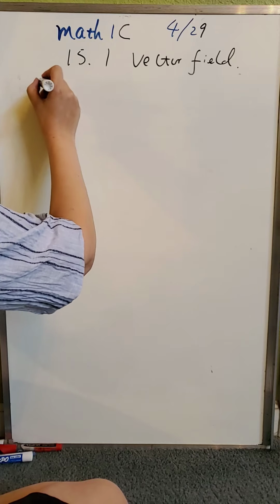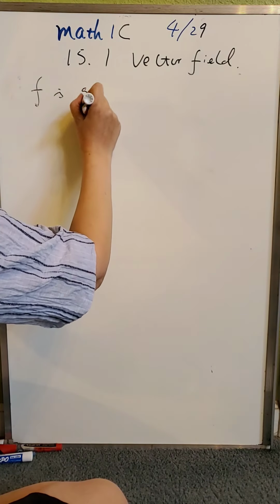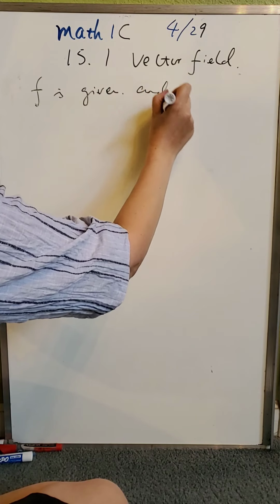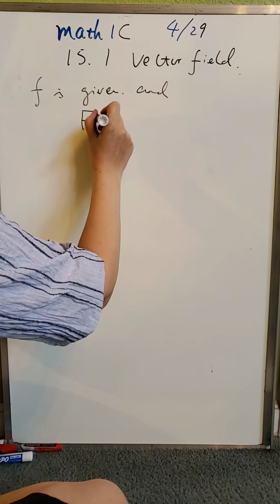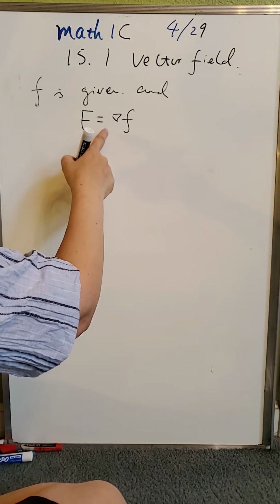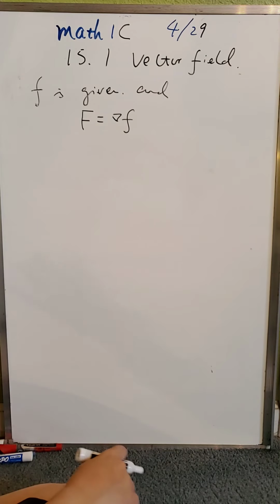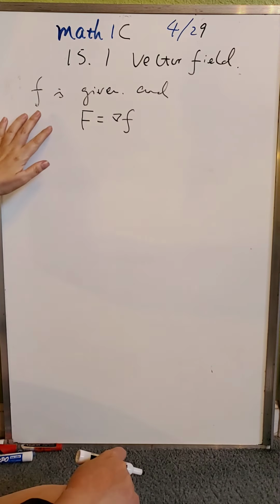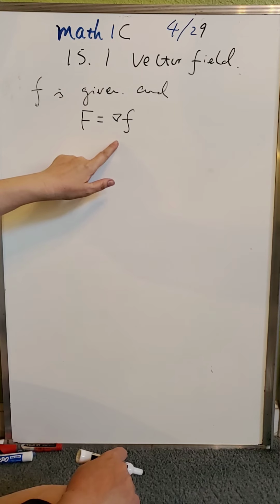Sometimes they just tell you there's some kind of F there, but they don't tell you what F is, only that it is a conservative vector field.